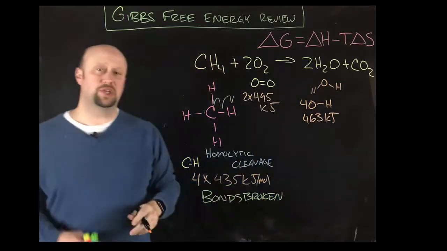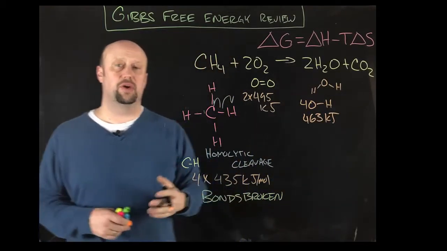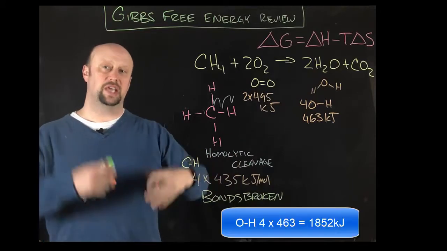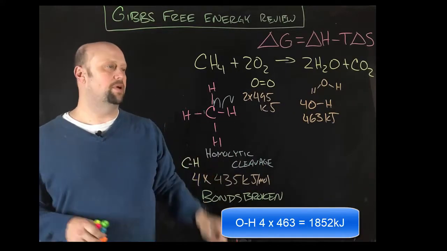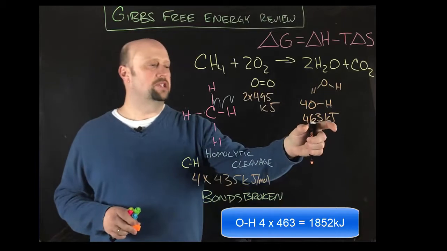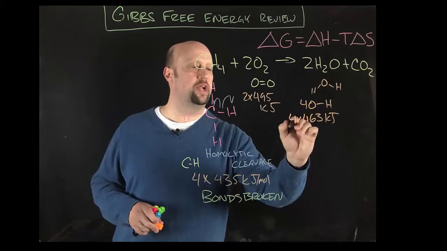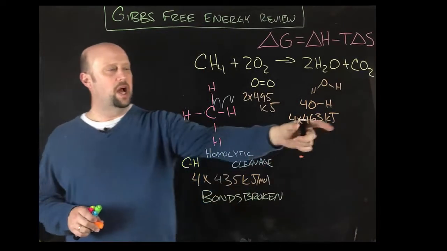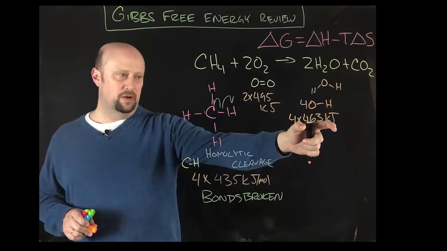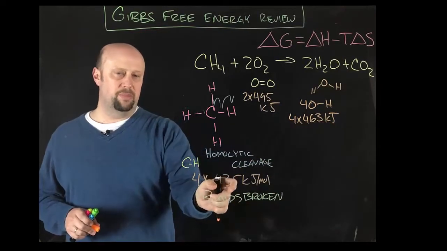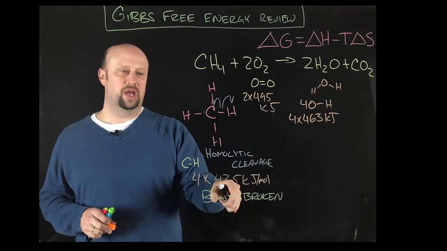By the way, we wouldn't necessarily call that bond enthalpy. Technically what that would be called is bond dissociation energy. It is the enthalpy that's needed to break apart those bonds. Okay, so 463 times 4 over here. So you can already sort of see that my formation here is more energy than my breaking was over here. Okay, for just this part.